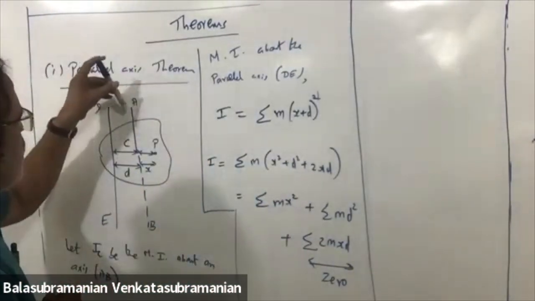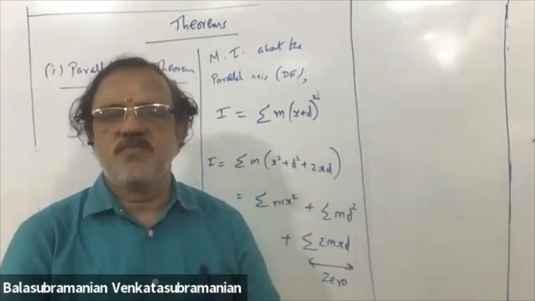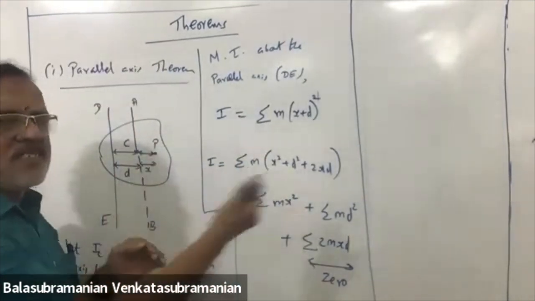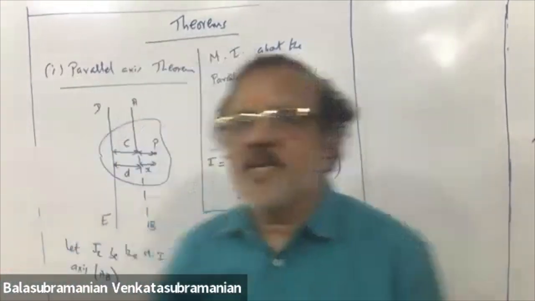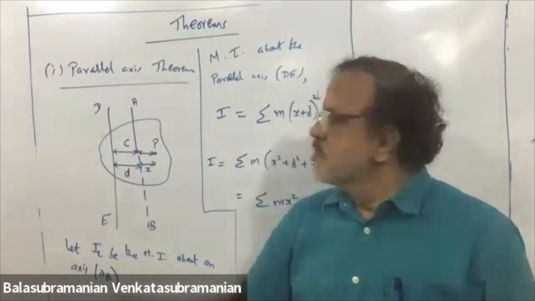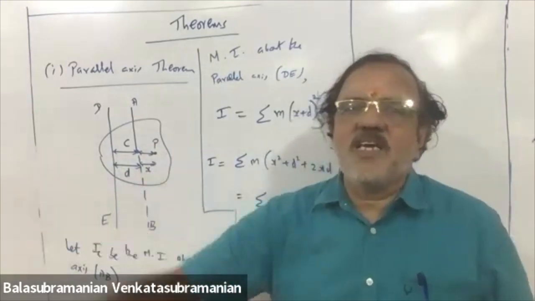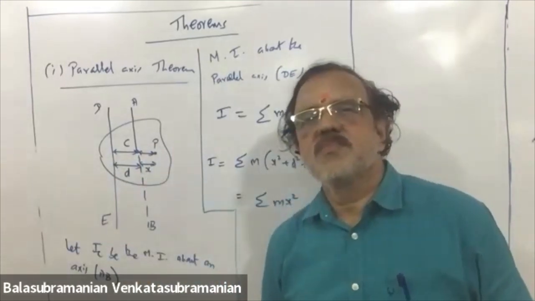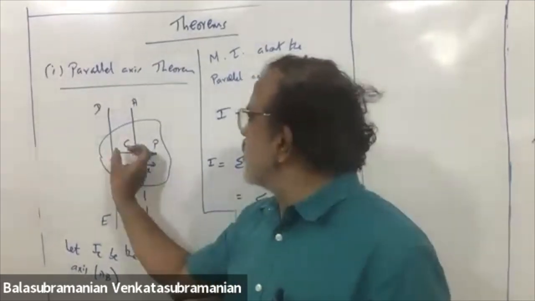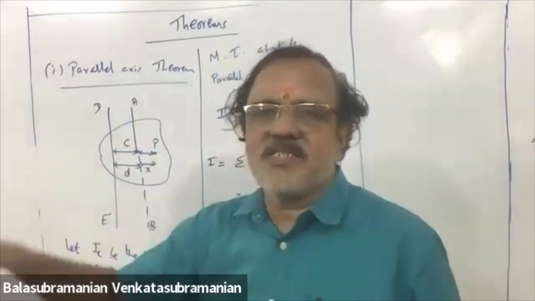When you say AB is the axis passing through the center of mass point, here you are considering a particle only on the right hand side. By similarity, you have one more particle like this on the left hand side. So when you calculate this distance, it will become x minus d. The total distance is d, so d minus x.